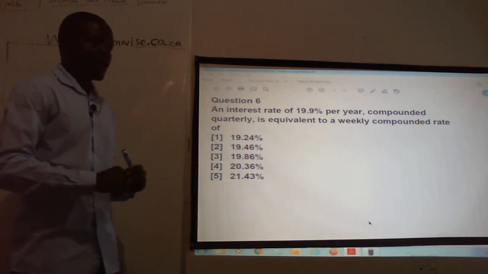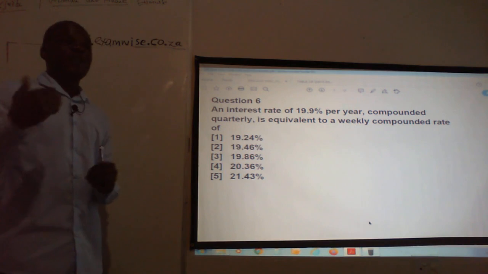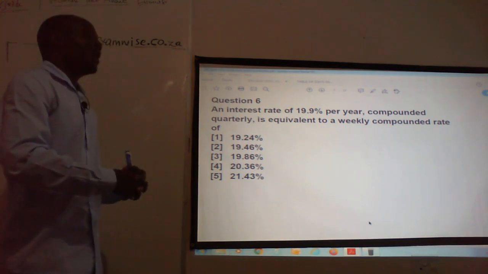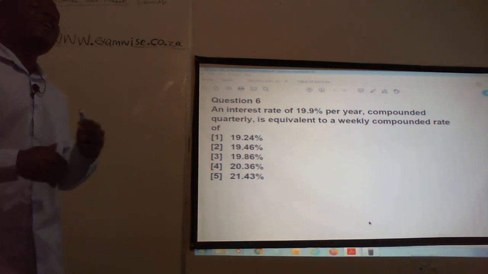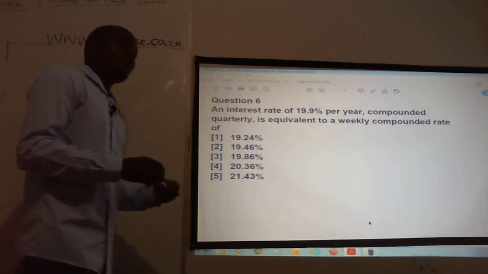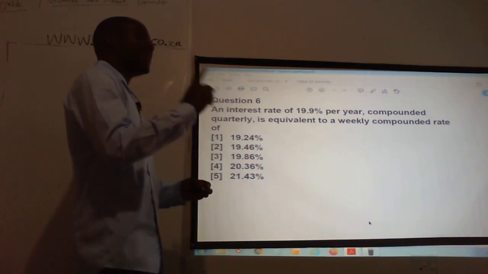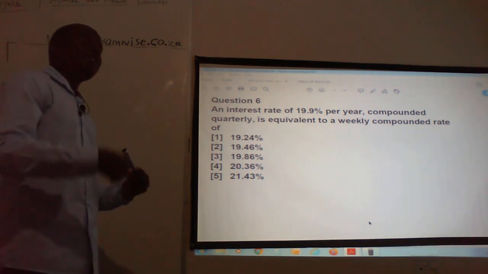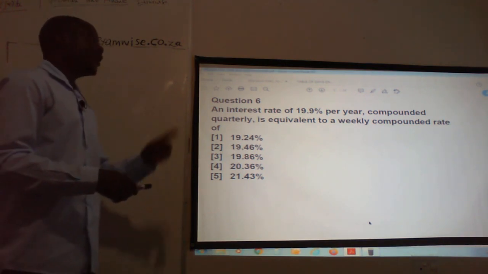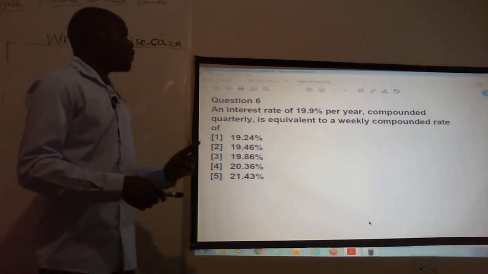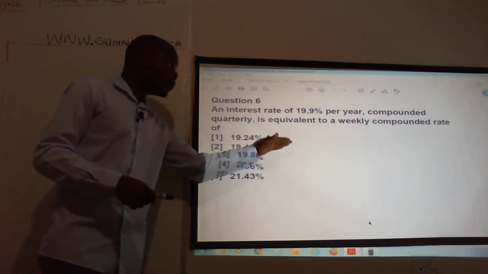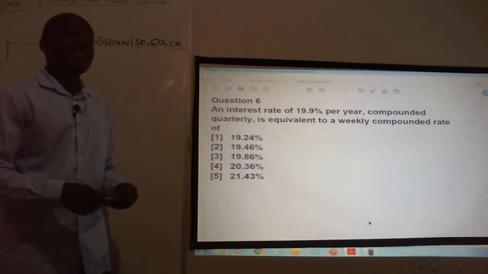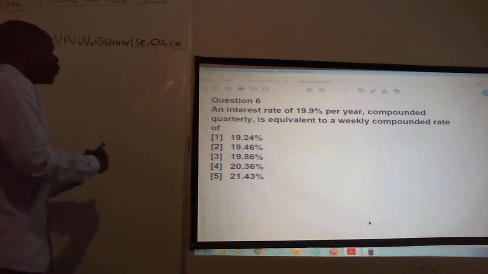Unfortunately, with interest rate conversion we cannot use our financial calculators, we can only use a formula. The formula will be given in the exam, and we have different formulas for interest rate conversion. If we are converting from one compound interest rate to another, we use the following formula.